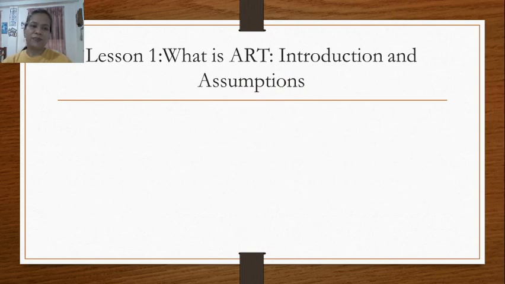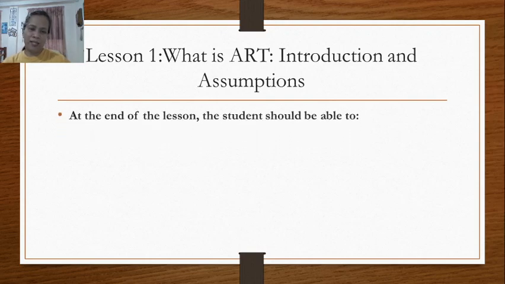So let's start. There are actually four lessons that we include for this class. Those are actually the most essential learning course for our art appreciation class. So the first one is all about art, right? So the introduction and, of course, assumptions of art.